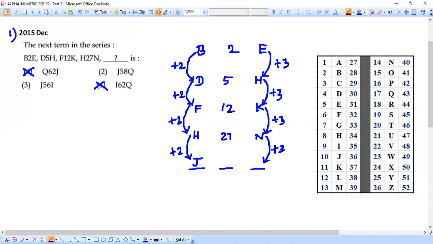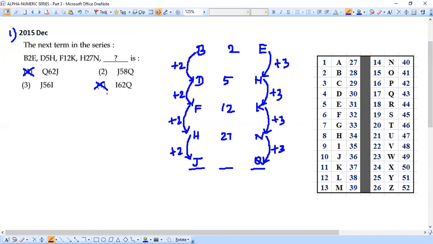N is at the 14th position, so 14 plus 3 will give us 17. 17 is Q. So Q will come here. That means we also found the last letter of our missing term, which is Q.